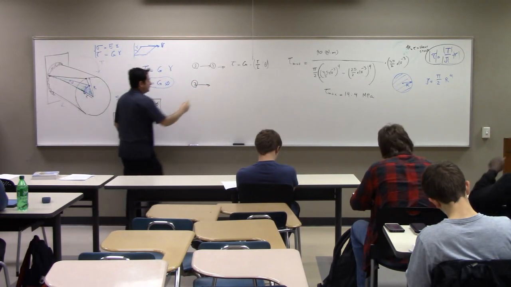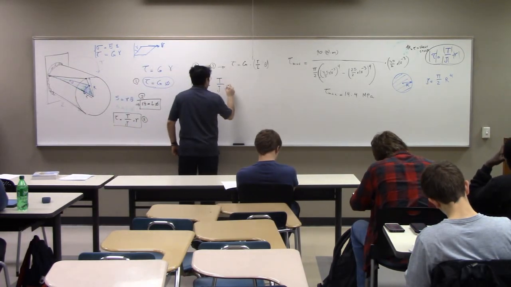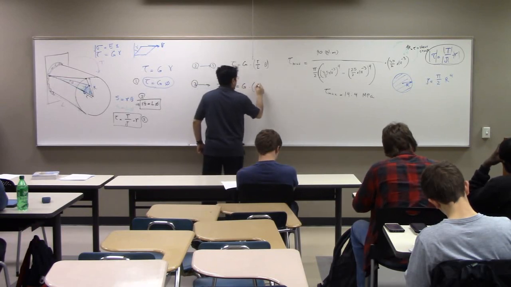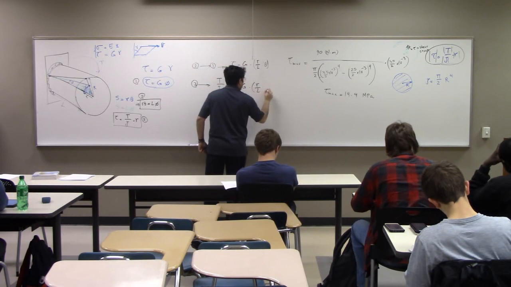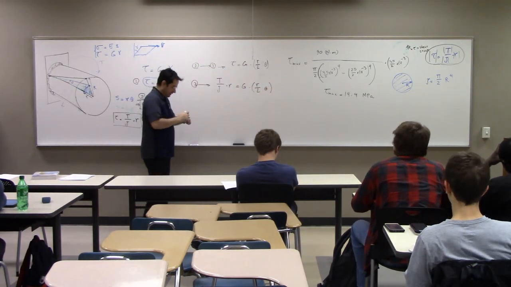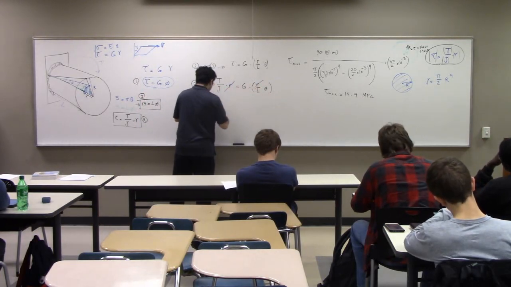Tau is equal to T over J times R is equal to G times R over L times theta. Eliminate R, as you can see, they cancel.